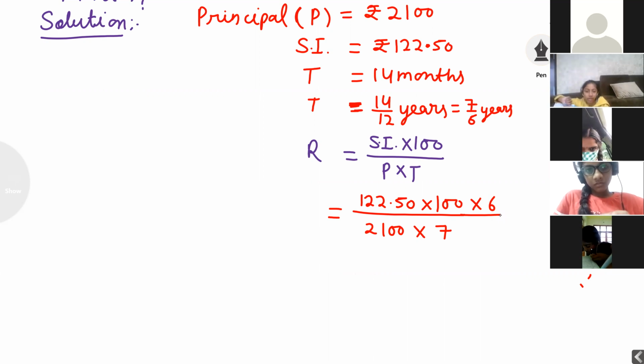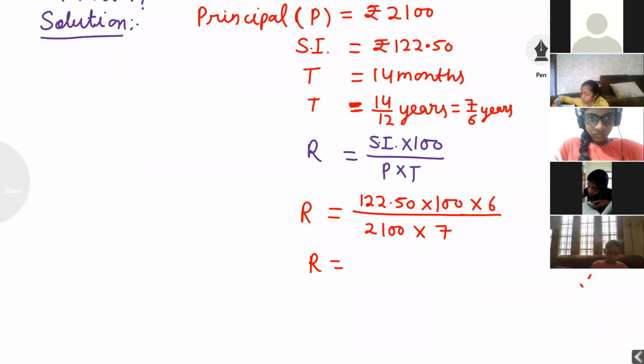Now we want to do simplification. Very easy simplification is there. 2100 is there and 100 is there. Both we can cancel out. I can write here 122.50 into 6 divided by 21 into 7.